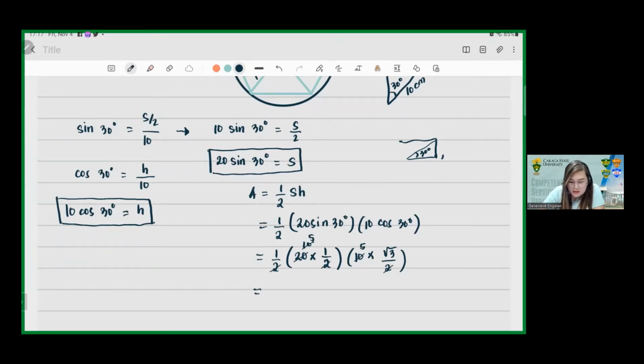Right, 10 divided by 2 is 5. 20 divided by 2 is 10. 10 divided by 2 is 5. So, mabilin, 5 times 5 times square root of 3. So, you have 25 square root of 3. Sakto ba? 25 square root of 3.